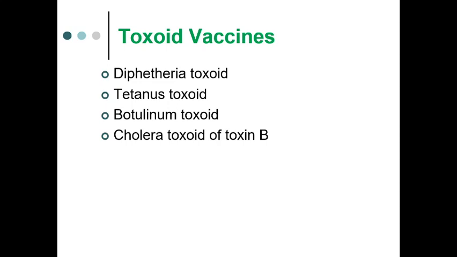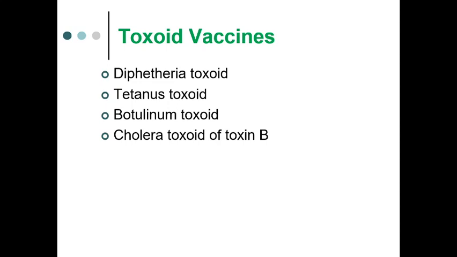And these exotoxins are proteinaceous in nature and they have a debilitating effect on the individual as soon as they are released by the bacteria once the infection takes place. For example, tetanus and botulinum toxins are neurotoxic. They cause paralysis of the nervous system once they diffuse into the blood of the individual once the infection spreads.